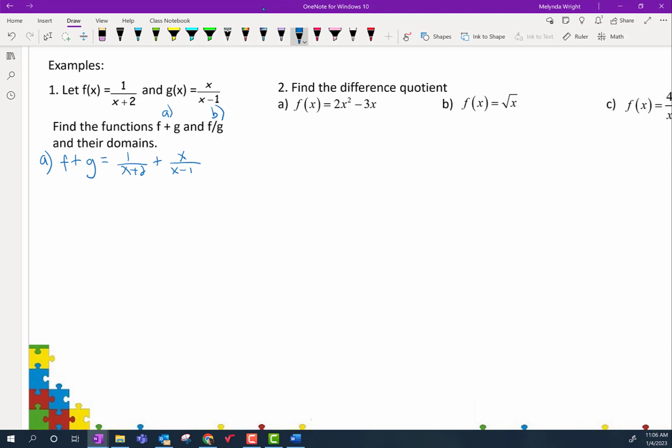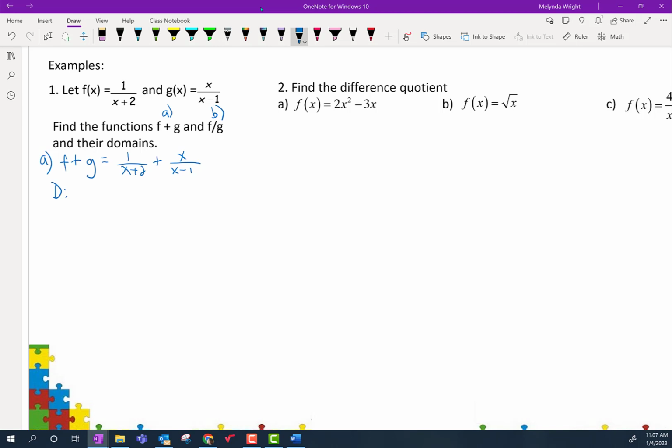So here, we're just adding the functions together, and we've got to write the domain. So when you're thinking about how to find the domain, instead of thinking what are all the values x can be, I want you to think, what are all the values that x can't be? Because we want to eliminate those values.